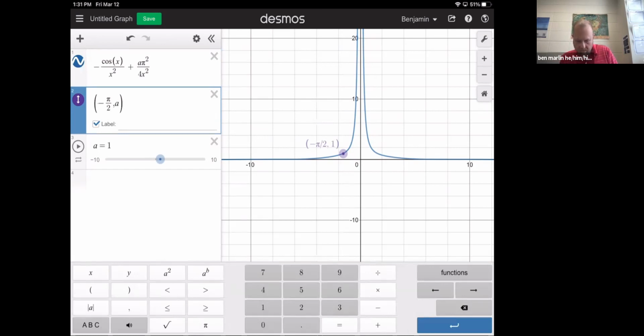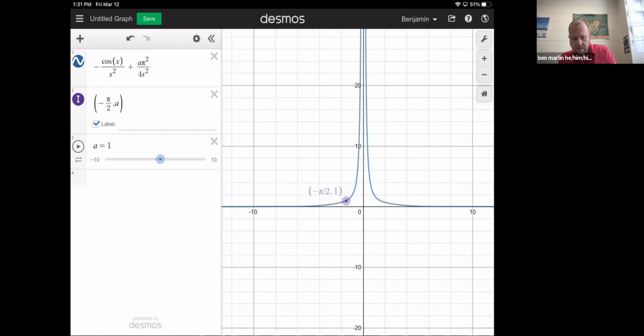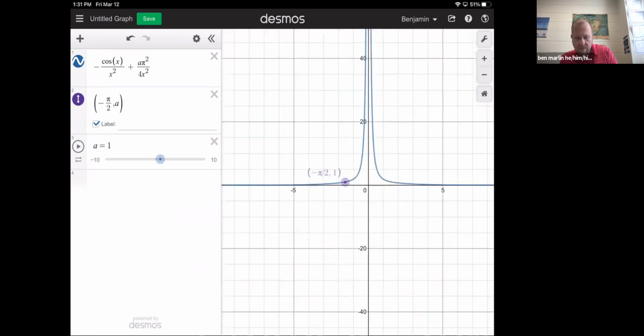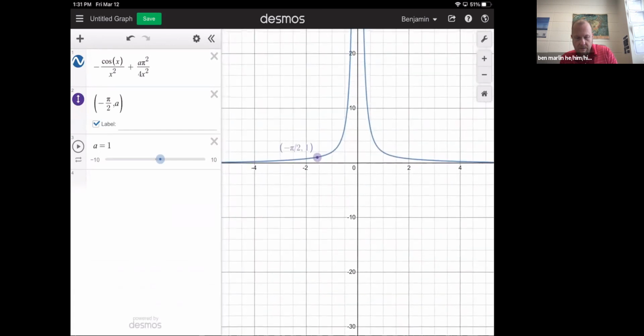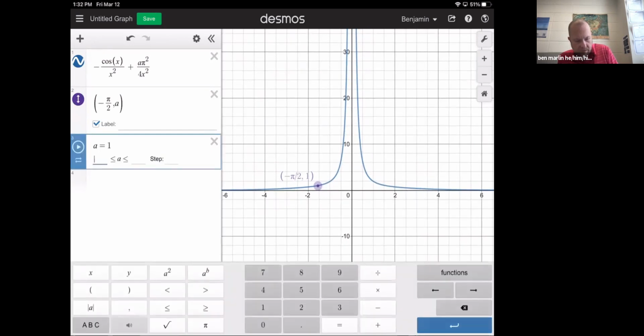And sorry, I can't hide more of the controls on this. So we've got something going off to infinity there. And you can see that as the x is going to infinity, we're getting something going to 0. But what I really want to show y'all has to do with the slider here.